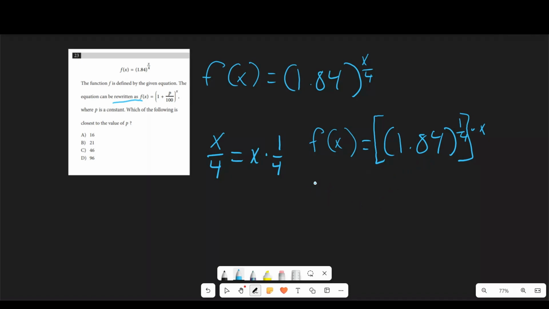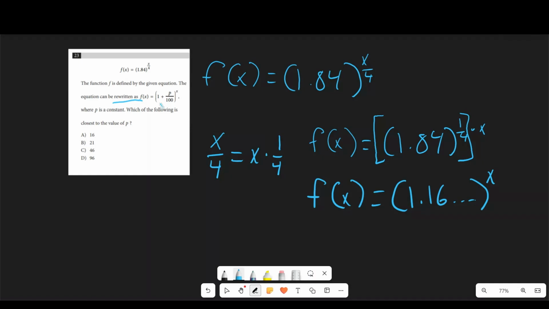So I did that already. So now I know that f of x is equal to some number, our number evaluates like 1.16 and so on, raised to the x power. So now we're getting closer. We now have an equation that has only an x as the exponent, but still not very close.